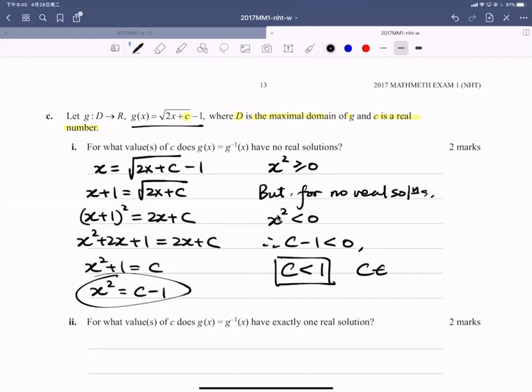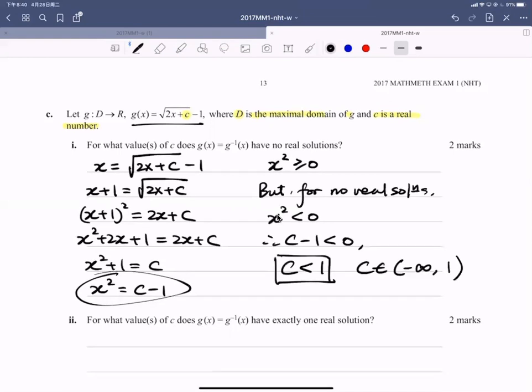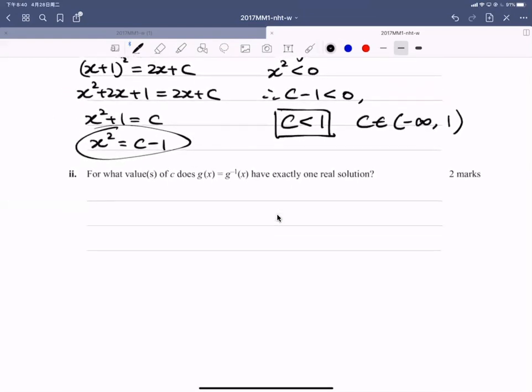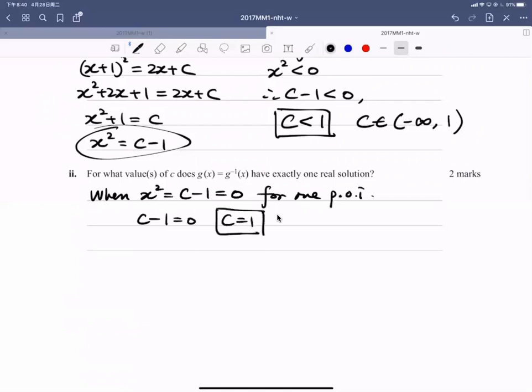Or you can write it as c is an element of negative infinity to 1. For what values of c does g(x) equals g inverse(x) have exactly one real solution? Continuing from the previous part, we could directly say, okay, when x squared equals c minus 1 equals 0, then c minus 1 equals 0 for one point of intersection. So c equals 1 definitely.